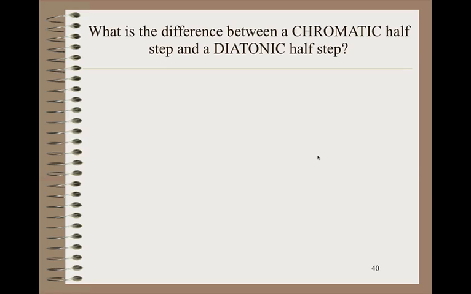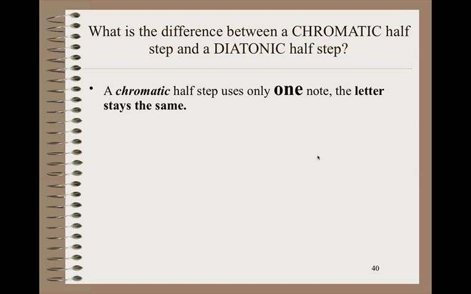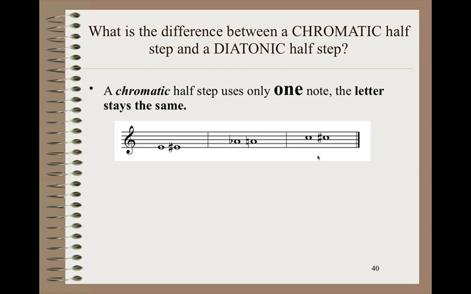Now, this next area has to do with what we refer to as chromatic and diatonic half steps. The important thing to remember about the chromatic half step is that the letter stays the same. Say that to yourself. The letter stays the same.